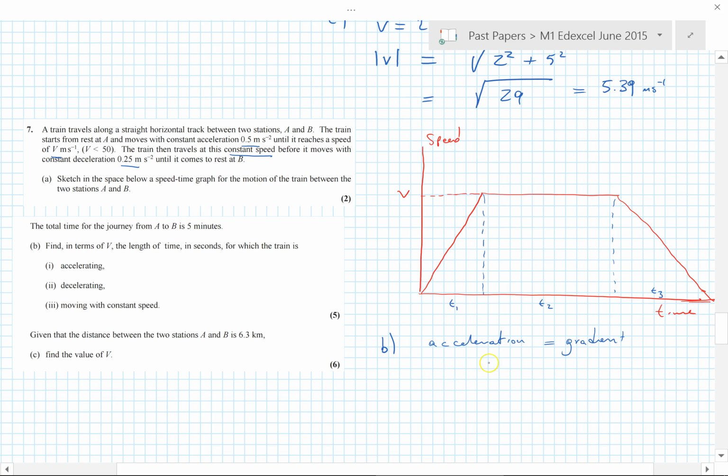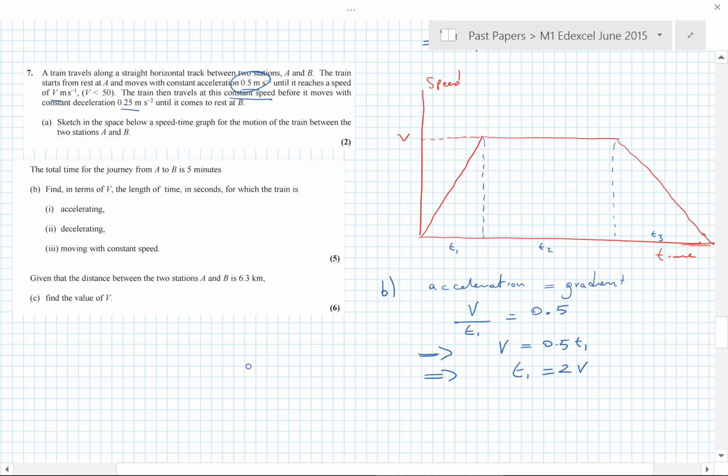We're told the acceleration is 0.5, so we've got V over T1 is equal to 0.5. So times by T1 on both sides, V is equal to 0.5 T1, divided by 0.5. That gives me T1 equals 2V for the first part.